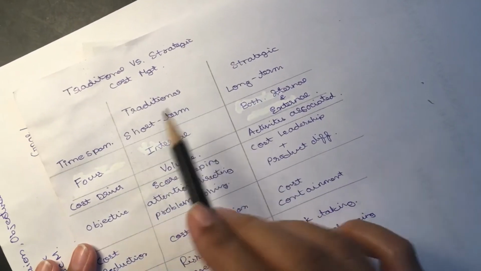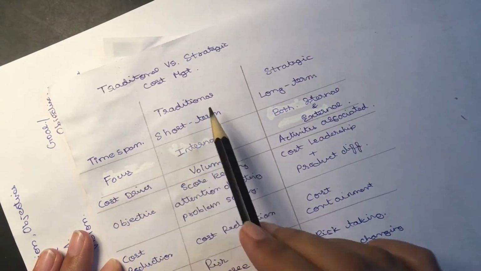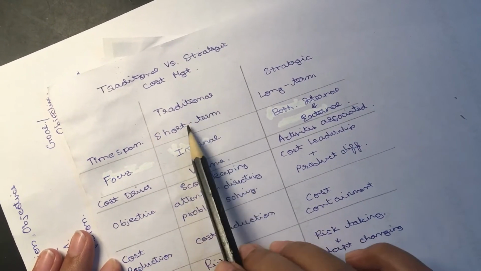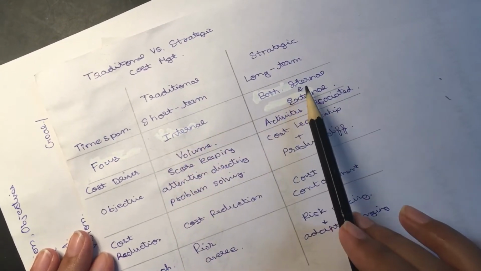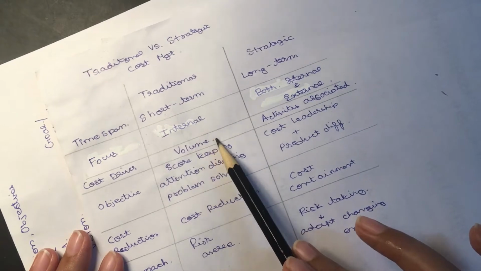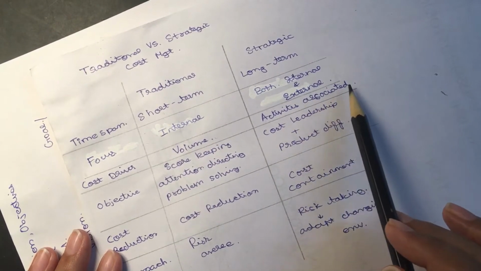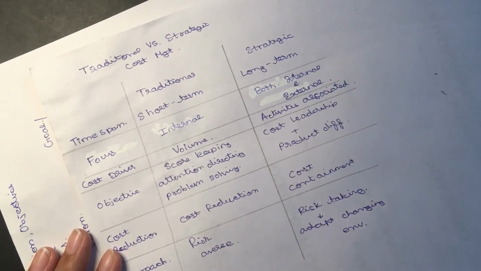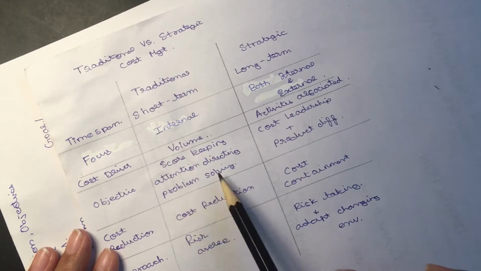Then you have the difference between traditional and strategic cost management. One is time span. Traditional cost management is short term, this is long term. It has internal focus, this has both internal and external focus. This is volume based, this is based on the activities associated with manufacturing. The main activities are scorekeeping, attention directing, and problem solving.